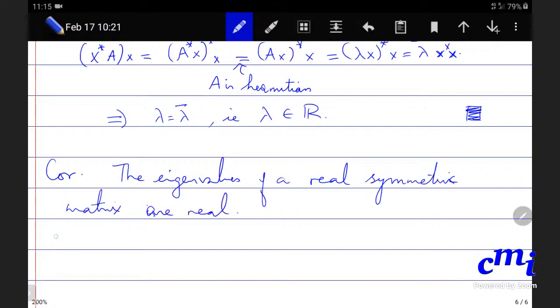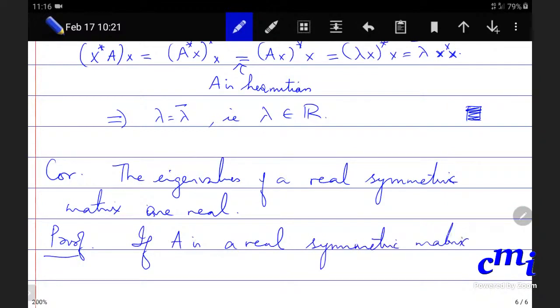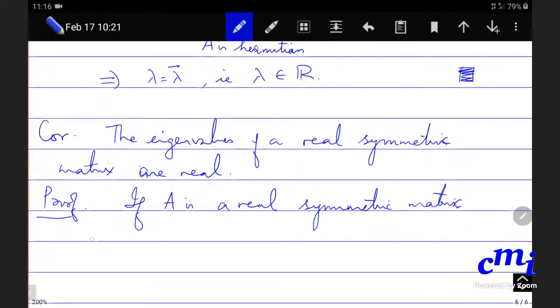The proof of the corollary is that if A is a real symmetric matrix, then it is Hermitian when thought of as a complex matrix.